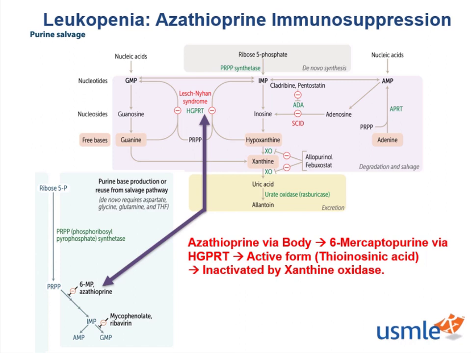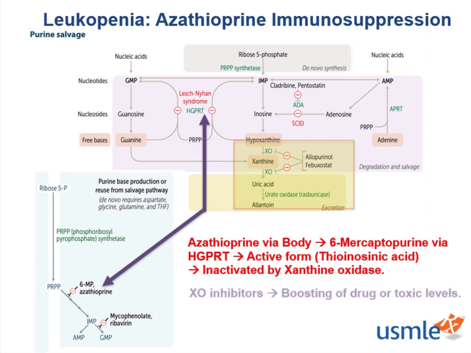This makes sense based on the biochemistry we have covered. Looking back at the purine salvage pathway, you can see that purines can be salvaged by HGPRT or degraded by xanthine oxidase, abbreviated XO. Xanthine oxidase is a key enzyme in purine degradation, so it makes sense that 6-mercaptopurine and its purine analog thioinosinic acid is degraded by the key purine degradation enzyme xanthine oxidase.